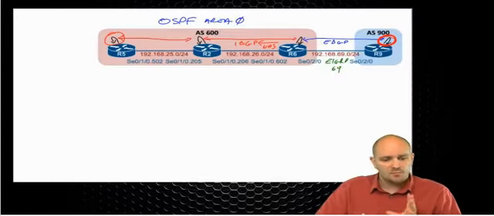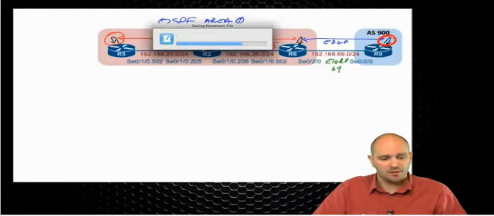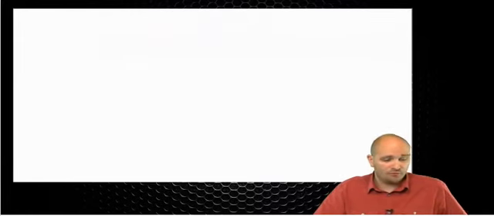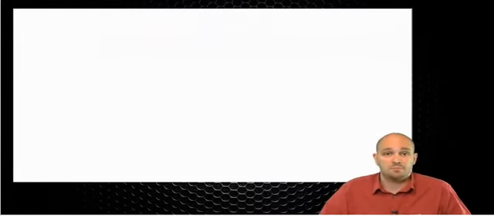Well, this is where we hit one of the most important rules of iBGP peering. And that's the rule of, as I like to call it, iBGP split horizon.